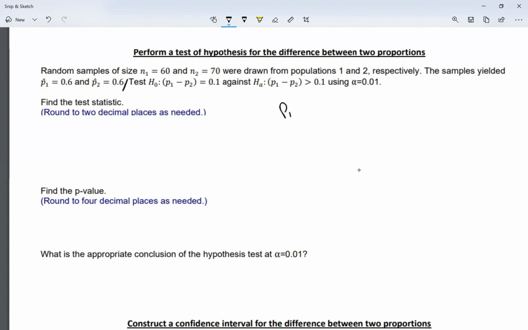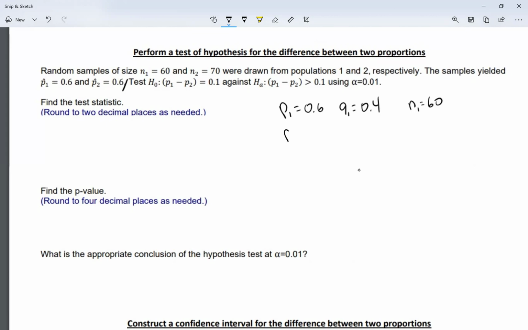My p1 is 0.6. My q1 is going to be 0.4. Remember, for my q value, I just go 1 minus my p value, so 1 minus 0.6. And my sample size on 1 was 60.